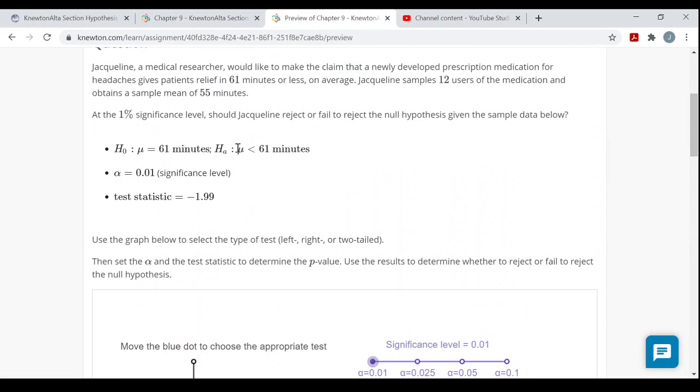Her statement is the alternative hypothesis, but we didn't reject the null. So that means we're not accepting the alternative, right? We're keeping the null. So we're not accepting this mean is less than 61 minutes statement. I hope that makes sense. We're not rejecting the null, so we're not supporting the alternative.